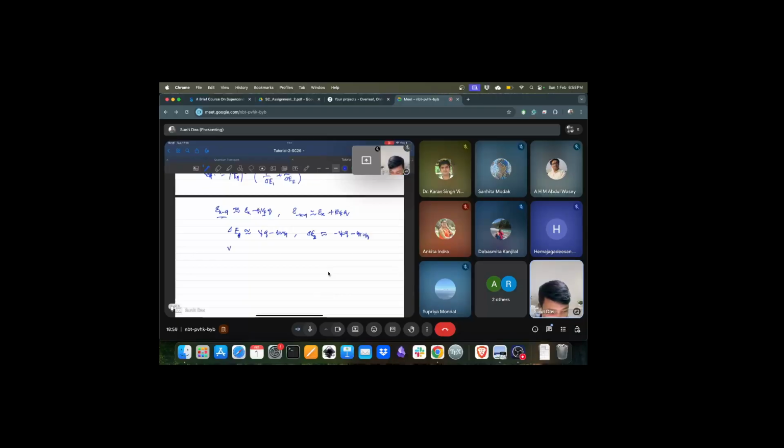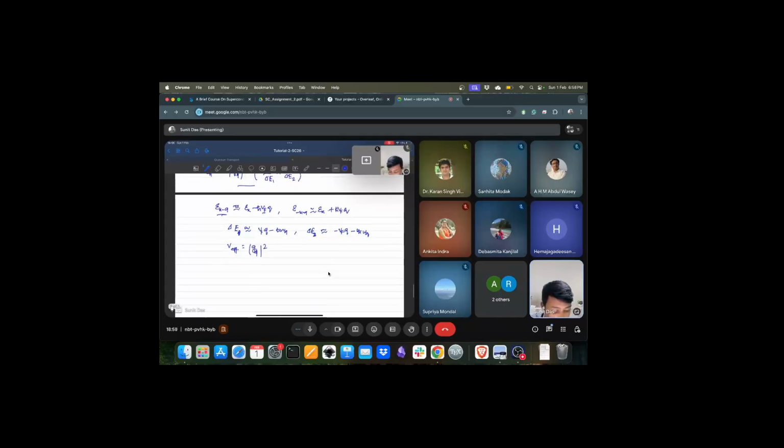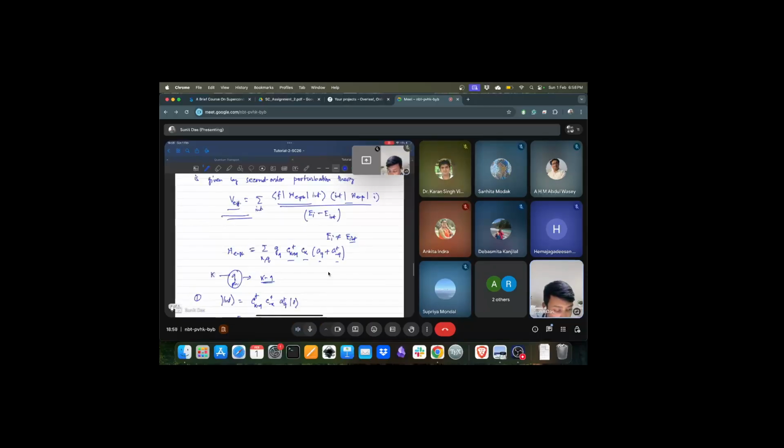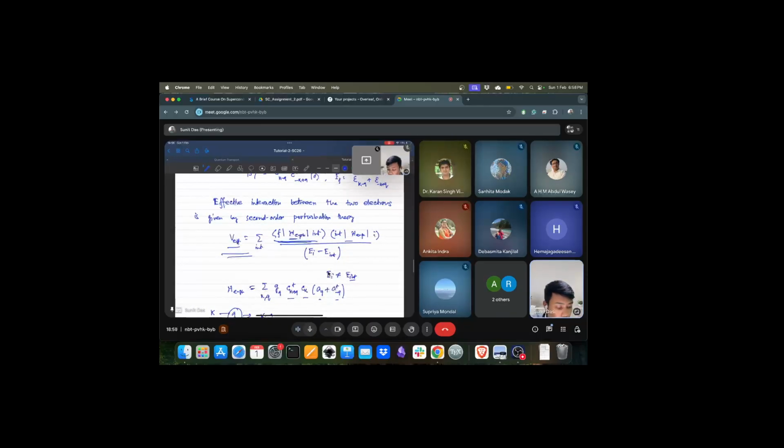So if you plug this into this expression, then V effective will be g of q squared, and g of q squared is essentially coming from the electron-phonon Hamiltonian for the final, intermediate, and initial states, okay.